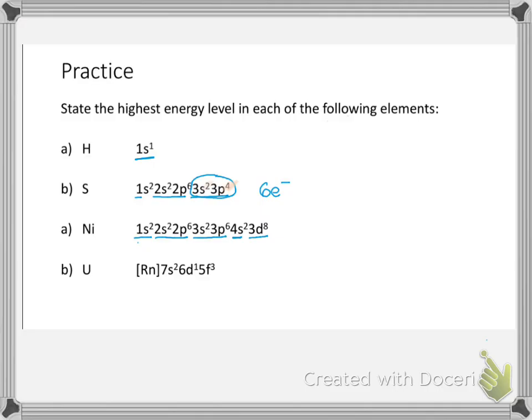But when you're asked about the highest energy level, you're looking for the number in front. So the 1s, the 2, the 3, and in this case, 4. So the highest energy level for nickel is 4s2. And that, if you see, has 2 electrons.